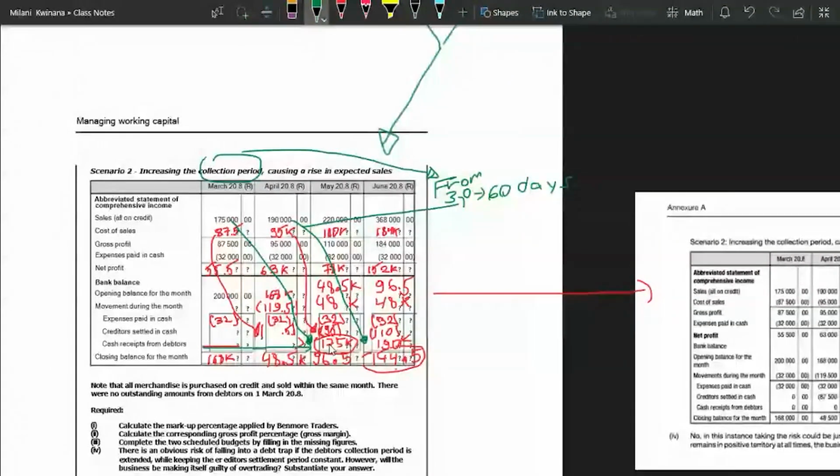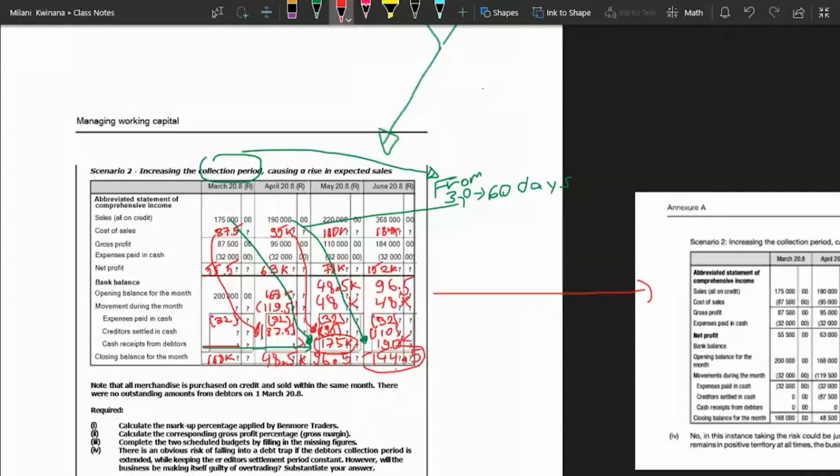Because its data is collected after 60 days. So we take that full 175,000 because they're all on credit, right? Do we agree though?